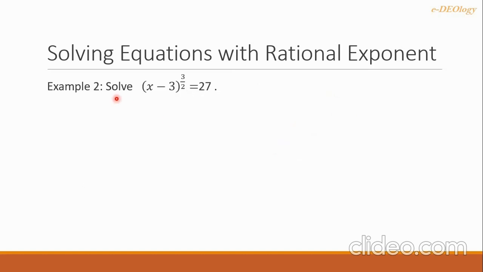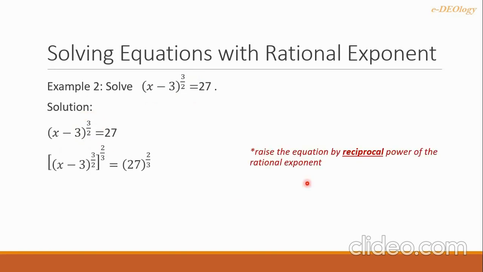Let's have this example 2. The quantity x minus 3 is raised to 3 over 2 equals 27. First, let us copy that same problem. And then, in here, we want to delete that exponent 3 over 2. Or simply, we want the 3 over 2 exponent to be equal to 1.